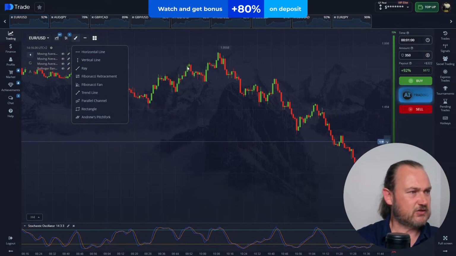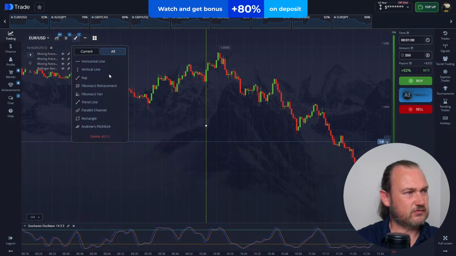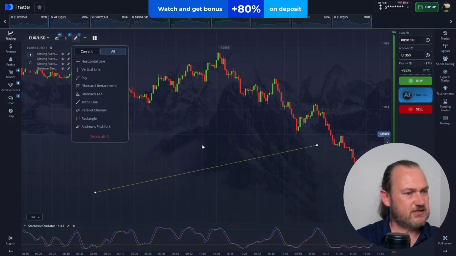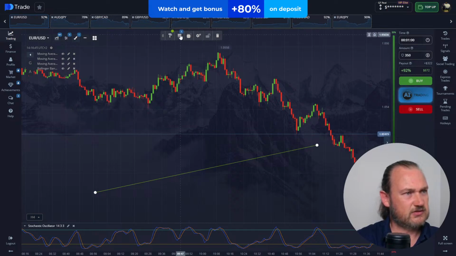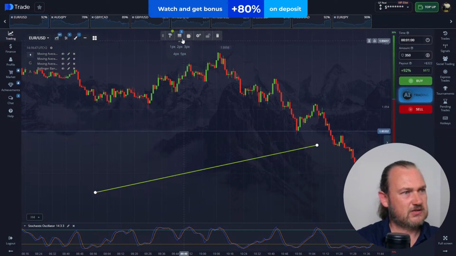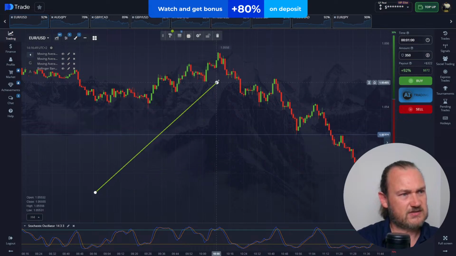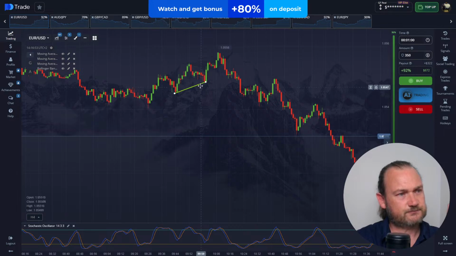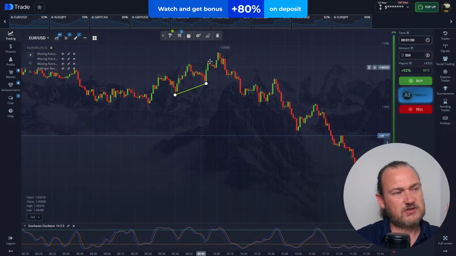Let's draw this in. I'm going to delete those lines and draw the divergence in here just to show you guys. Make that nice and bigger. Okay, so we had some hidden bullish divergence here. Price was moving in an upwards direction, but it was making corrections while it was running upwards.